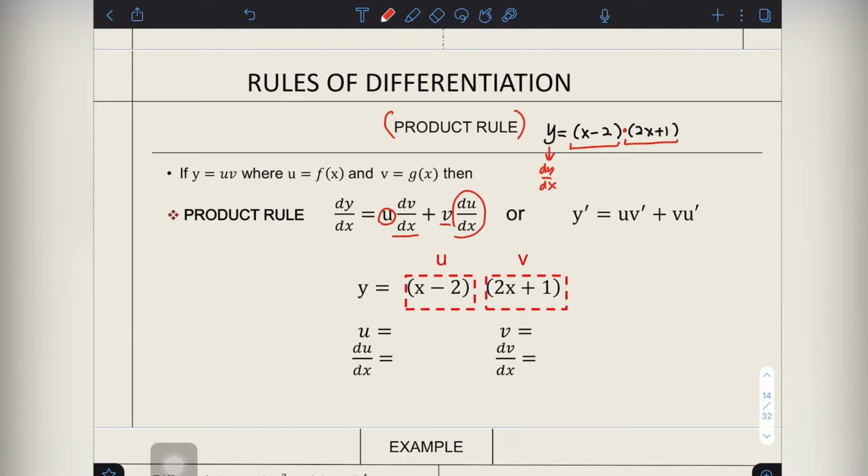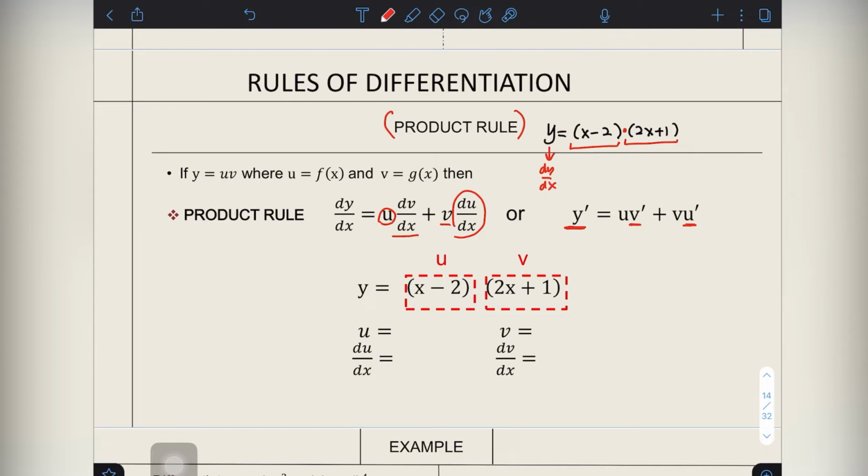Or we can use the simple notation: y prime, which is dy/dx, is equal to u v prime, where v prime means the differentiation of v, plus v multiplied by u prime, where u prime is the differentiation of u. So this is the formula of the product rule. How can we use the product rule to differentiate our function? Let's see one example here.